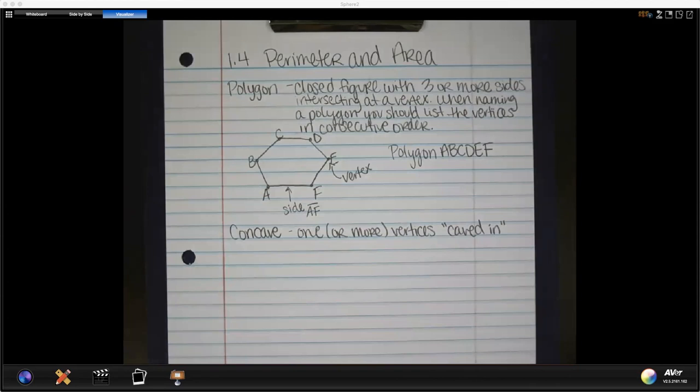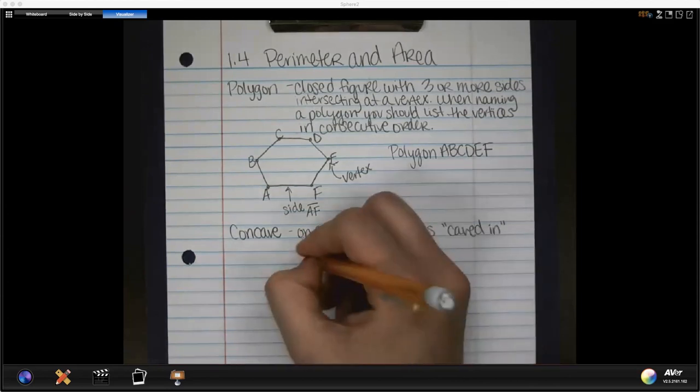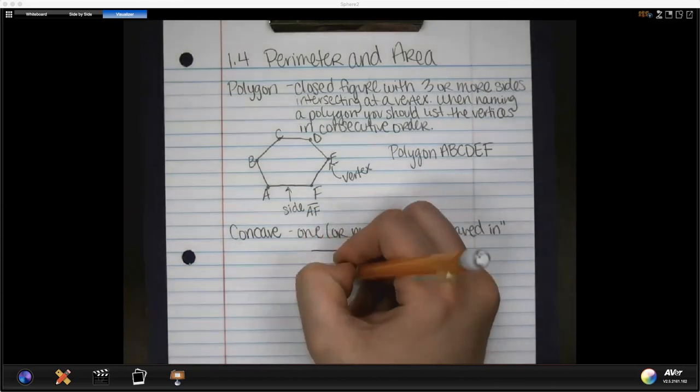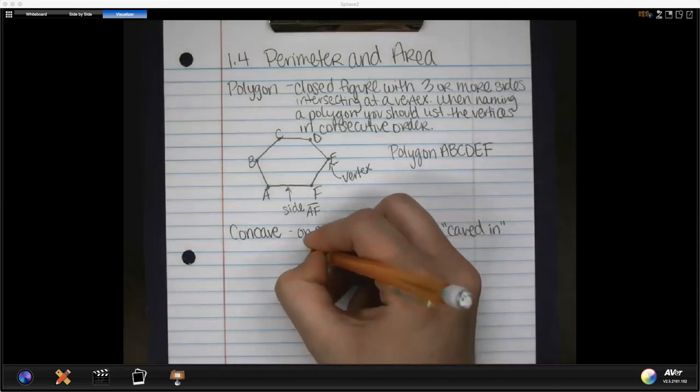Okay. Or another way you could think of it is like pointing in. So an example of what that looked like would be similar to like this.